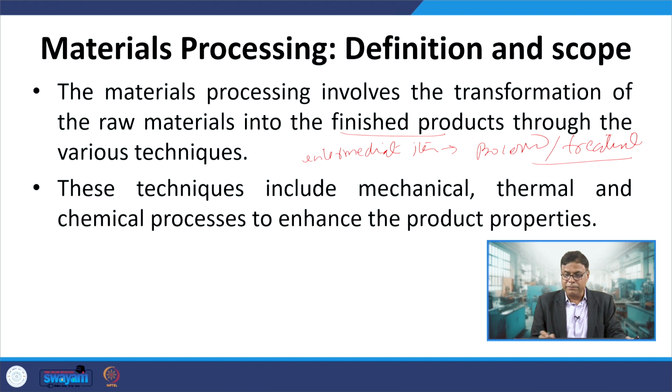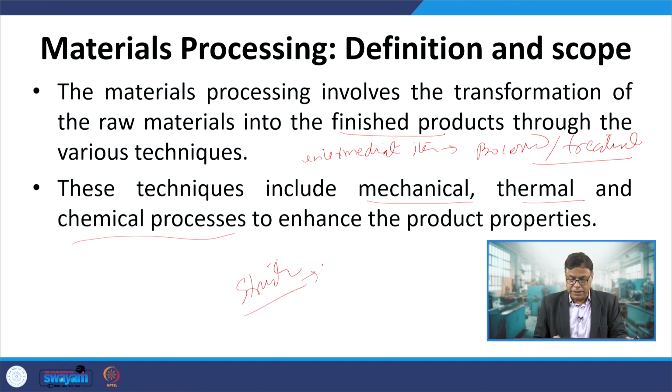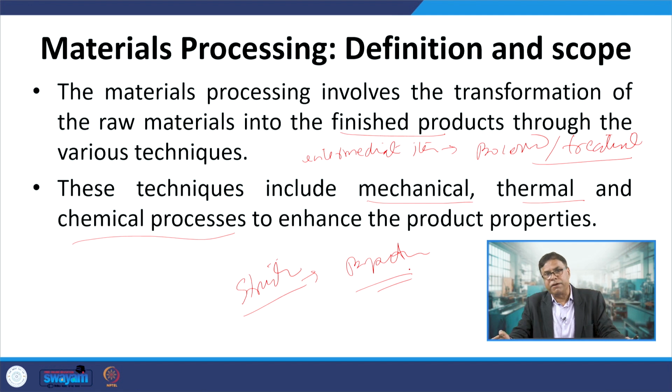This transformation is realized through the use of mechanical, thermal and chemical processes to get a product of the desired shape and with the desired structure, so that the desired set of properties for the given performance of the product during service are realized.